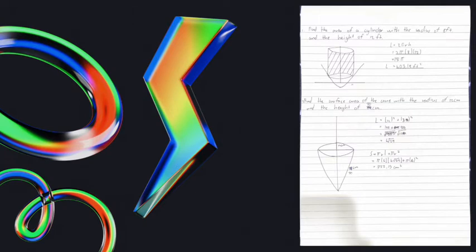So the formula for this is 2 pi r h. By substituting it, we're going to have 2 pi times 8 times 12. We're going to have 192 pi. So, if you solve that in the calculator, you're supposedly going to have 603.19 feet squared.